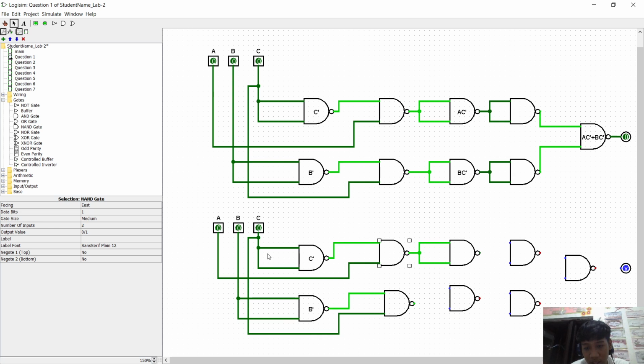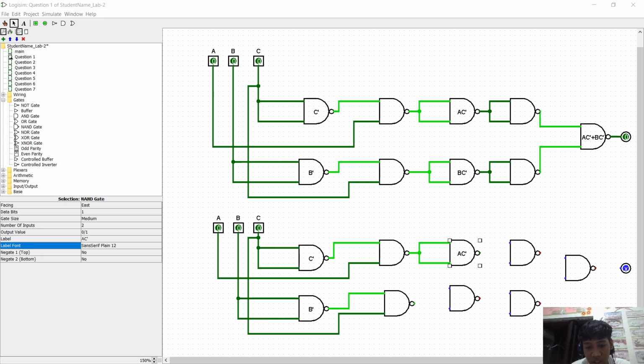Since A and C prime were inputted in this AND gate, it will result in AC prime, since we both inputted A and C prime in the previous NAND gate.